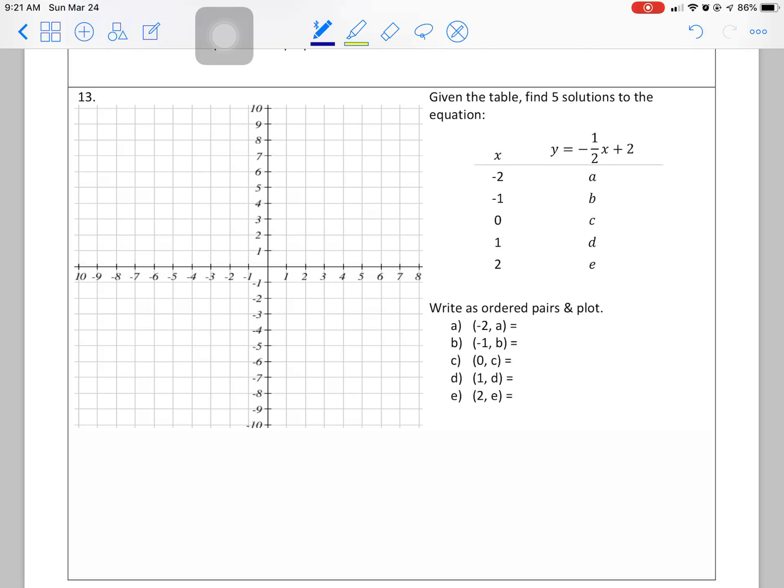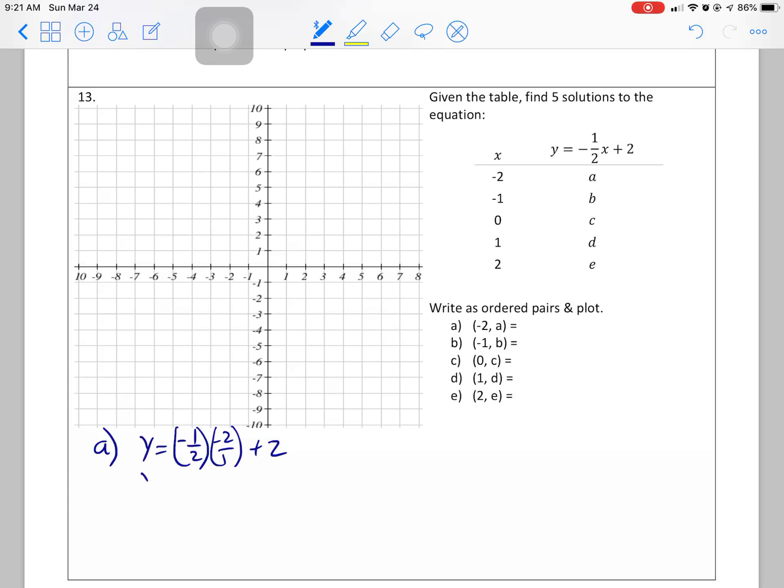Okay, so all this means is that they want you to put negative 2 in for x into this equation here. Let's go over here. So A says we want to put negative 1/2 times negative 2, plus 2.